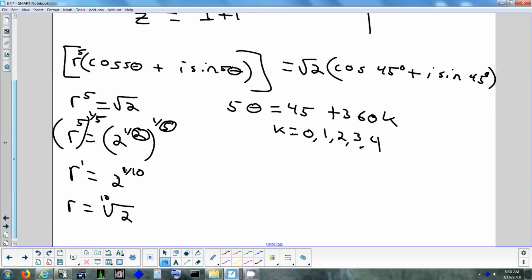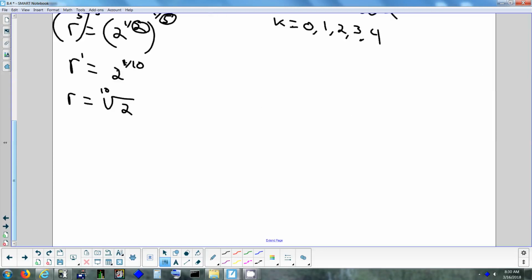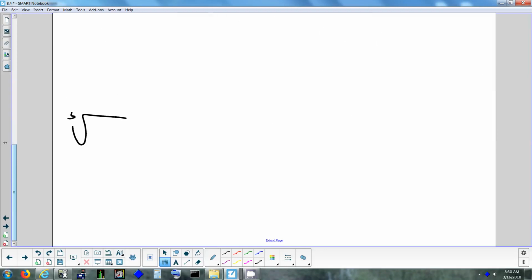So if you had the 5th root of the square root of 2, could you just multiply the 2 and 5 and have the 10th root of 2? Does that work? So you mean multiply the indices together? Yeah, I guess you can multiply indices. I'm trying to think if there's ever a case where that wouldn't work.